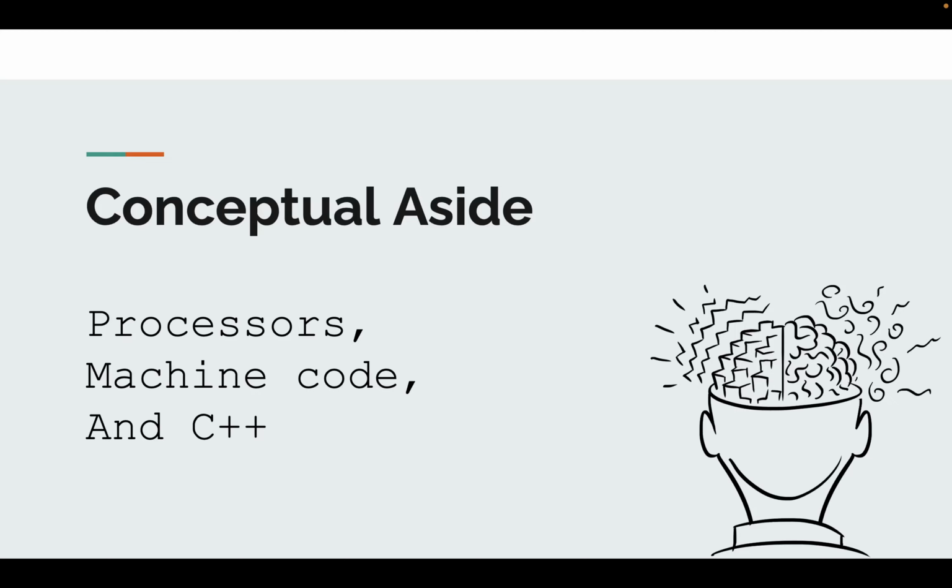All right, so processors, machine code, and C++. First of all, let's talk about the thing that's sitting inside your computer right now as you're listening to this course, the thing that's making this video work, the thing that's making you hear the sound, and that's your microprocessor. When you buy a computer, you look at the processor speed and type.